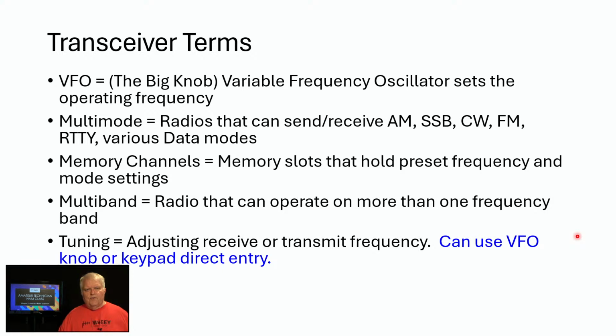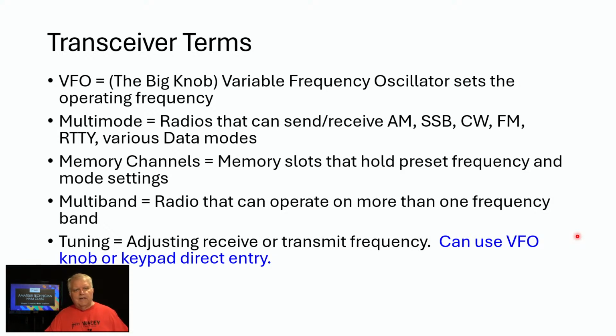Most high-frequency radios, the Flex and the Elecraft, are what they call multi-mode radios. They can send and receive amplitude-modulated signals, single sideband, Morse code, FM, radio teletype, and various data modes like FT8. They have memory channels, so if you have a favorite frequency that you like to listen to or participate in a net or something, you can put it into memory and then recall it from memory at the push of a button.